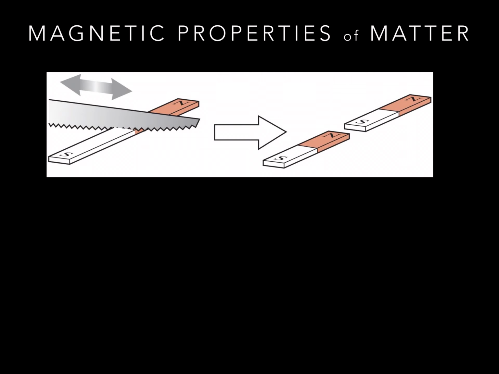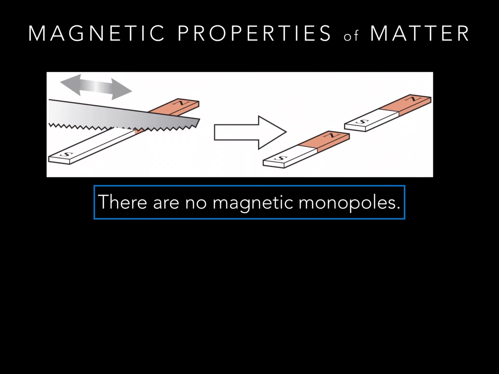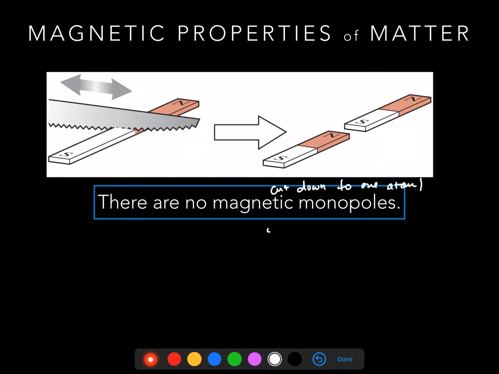And since you can't cut the electron in half, and since the fact that the electron is spinning is what creates this dipole, you cannot break it down into north and south. It's always north and south stuck together, okay? So no matter how you cut up a magnet, there will always be a north pole and a south pole.